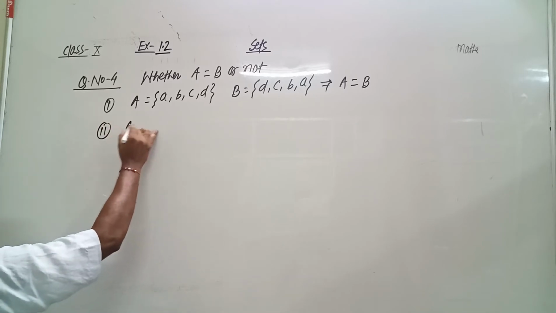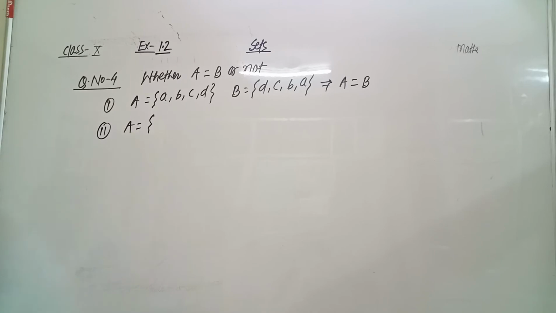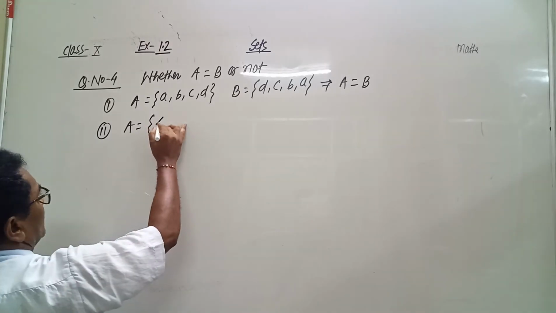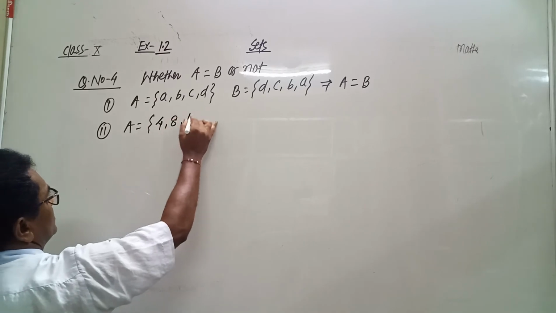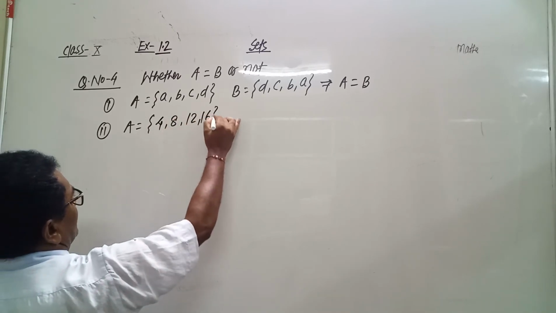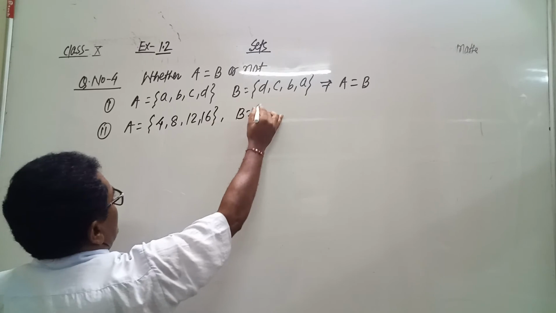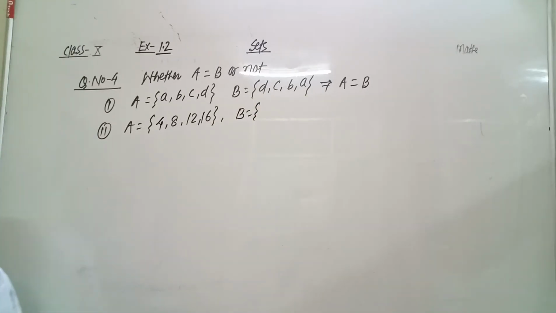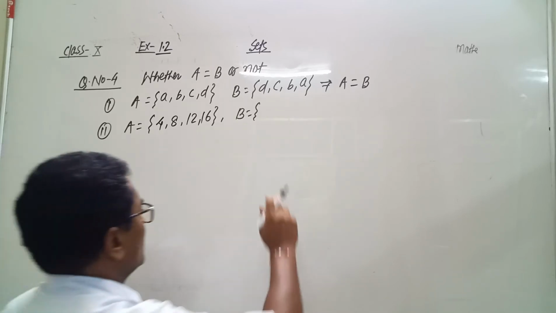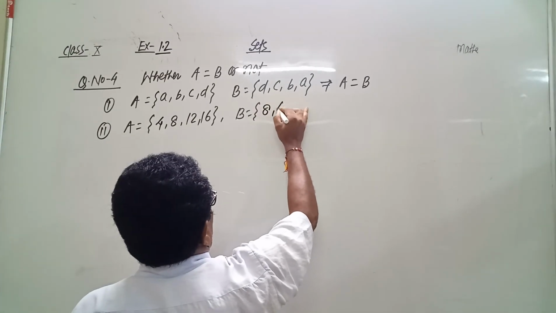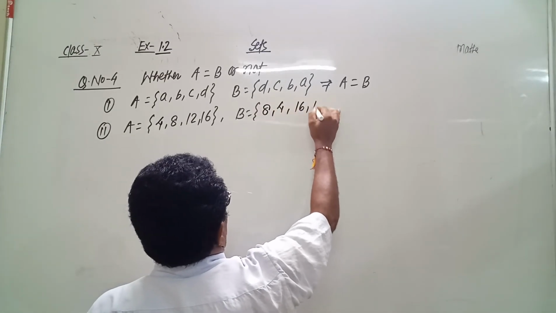Second, set A equals {4, 8, 12, 16}, and set B equals {8, 4, 16, 18}.